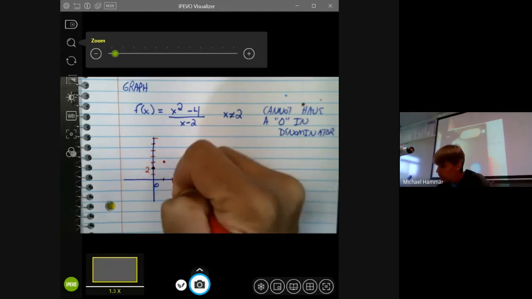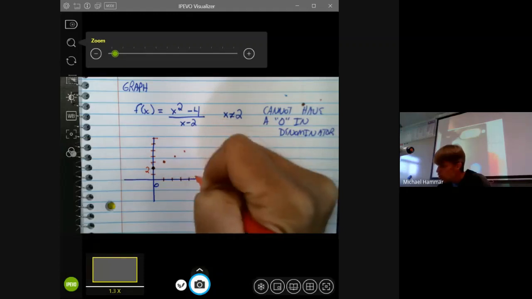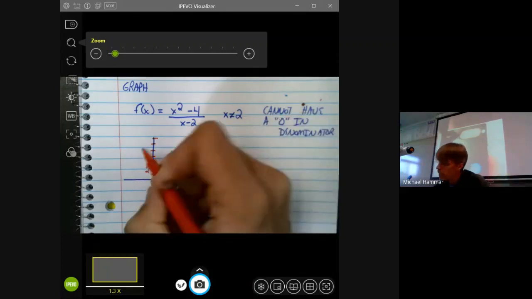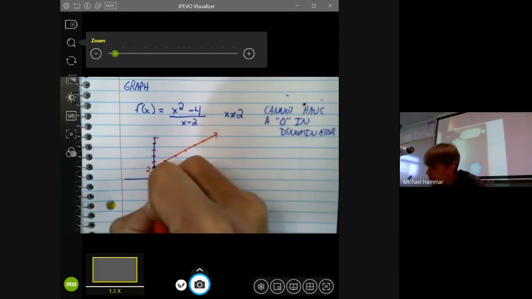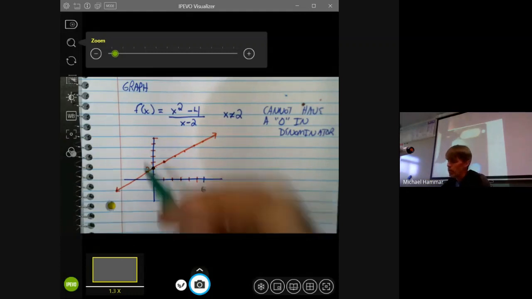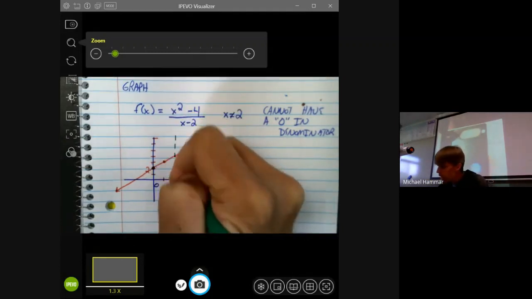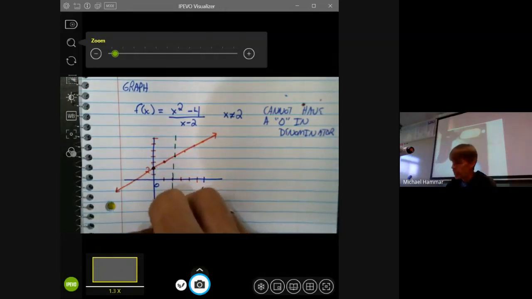Then we just draw the line, and notice it should just be a straight line that goes like this. And then it goes like this. But remember, we do have one weird spot. So at x equals 2, I know something is going on.